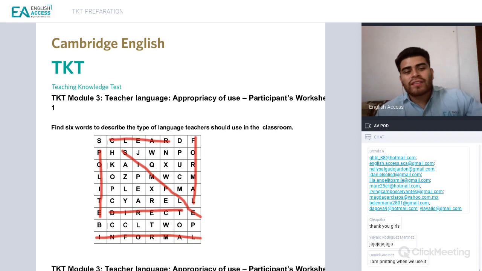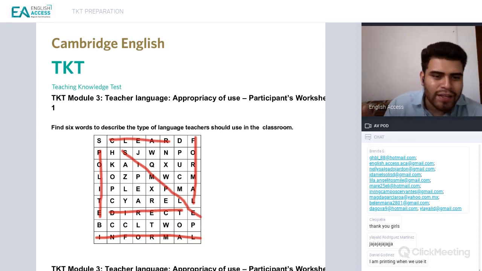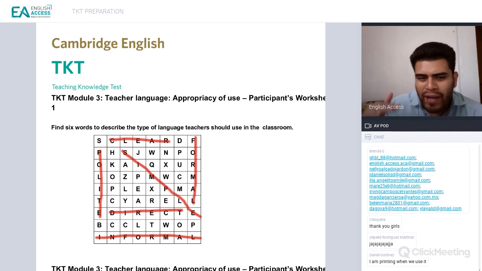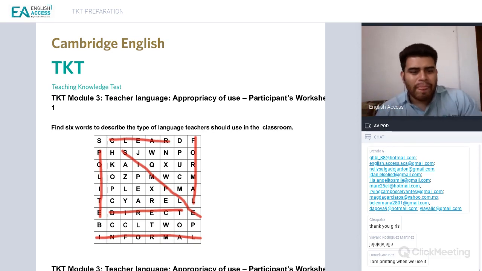Well, these 6 words describe the type of language teachers should use in the classroom. We should always be clear, polite, simple, direct, and depending on the type of class, formal or informal. All right?